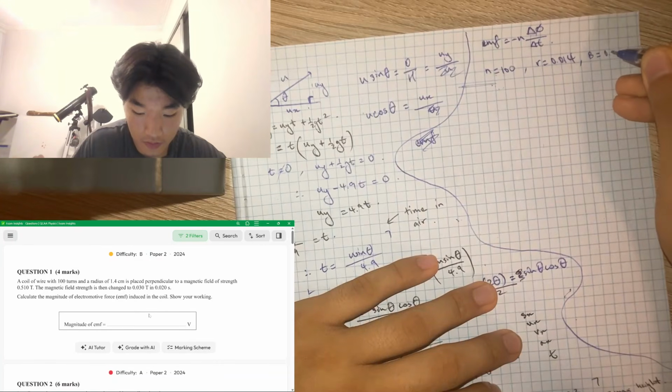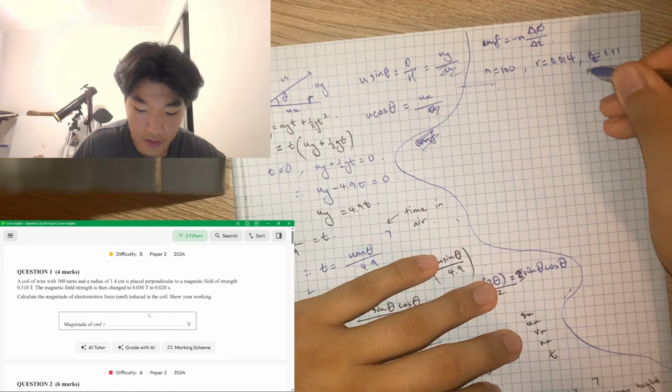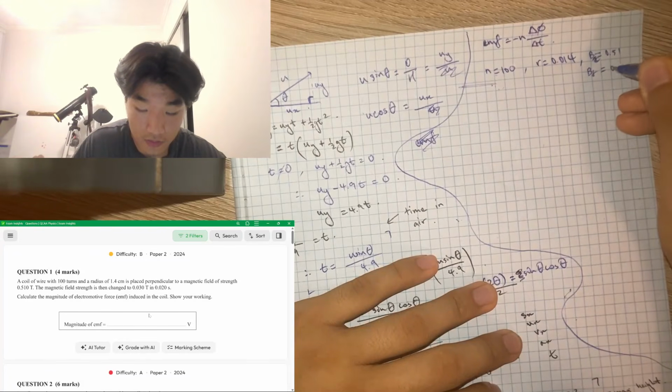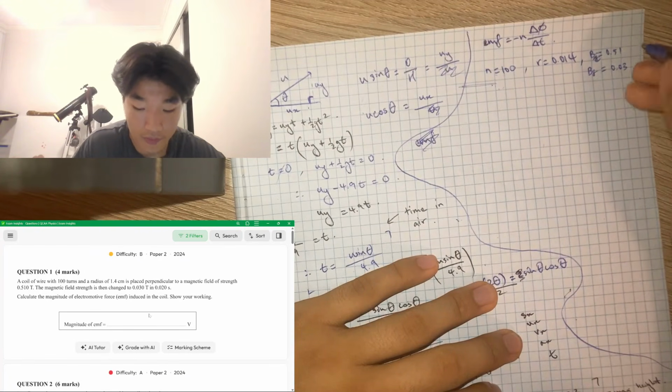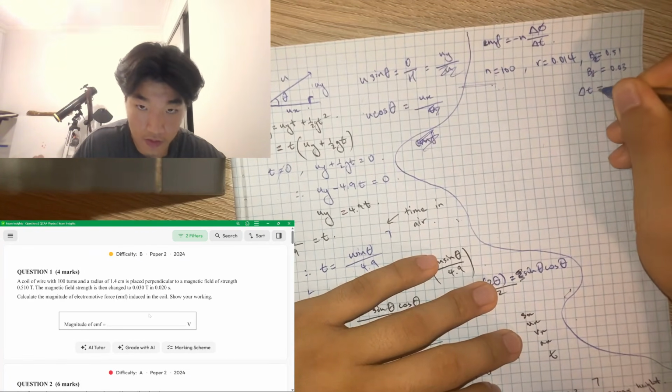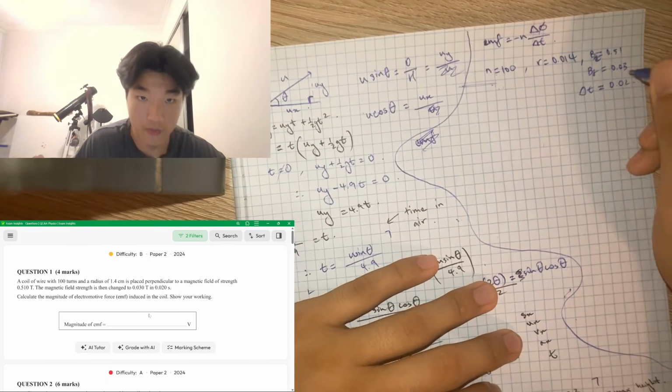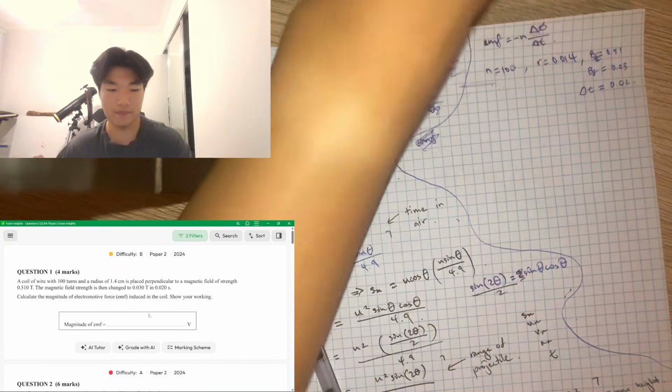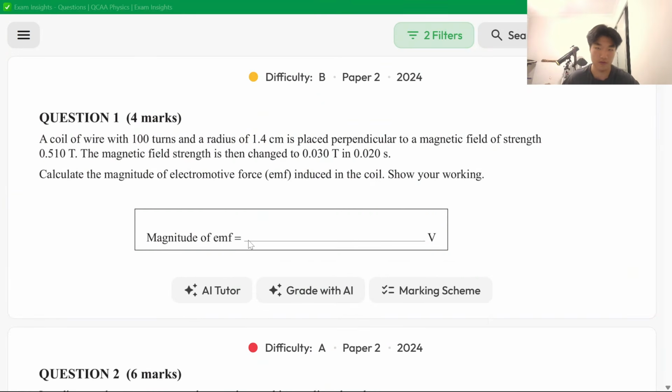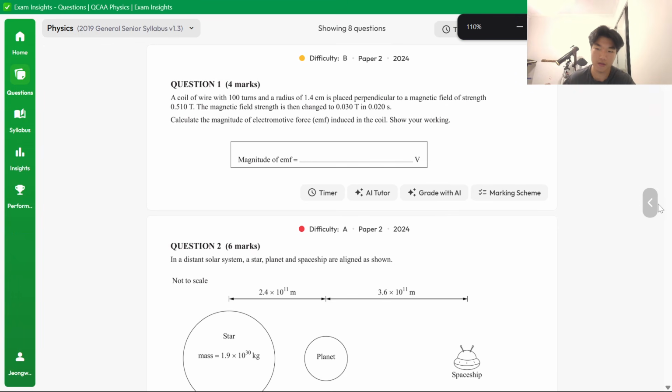B initial was 0.51. Final 0.03. The change in time equals 0.02. It's perpendicular.